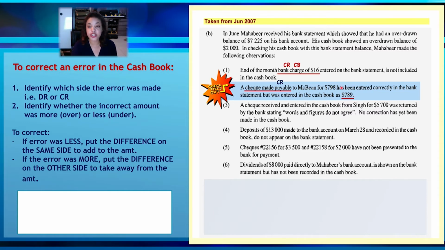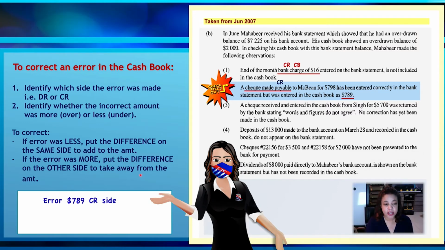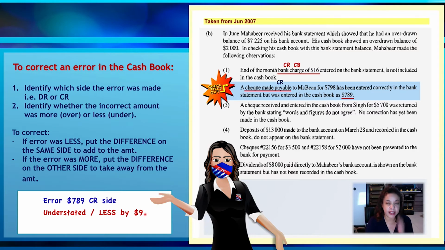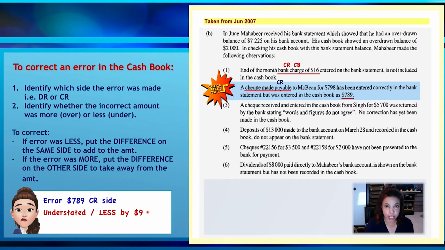So in other words, you find out what is the difference between the two amounts. So that means the error was that we had gone on the credit side like we were supposed to, but we entered $7.89 instead of the $7.98, which means that we entered $9 less. Very, very, very important.